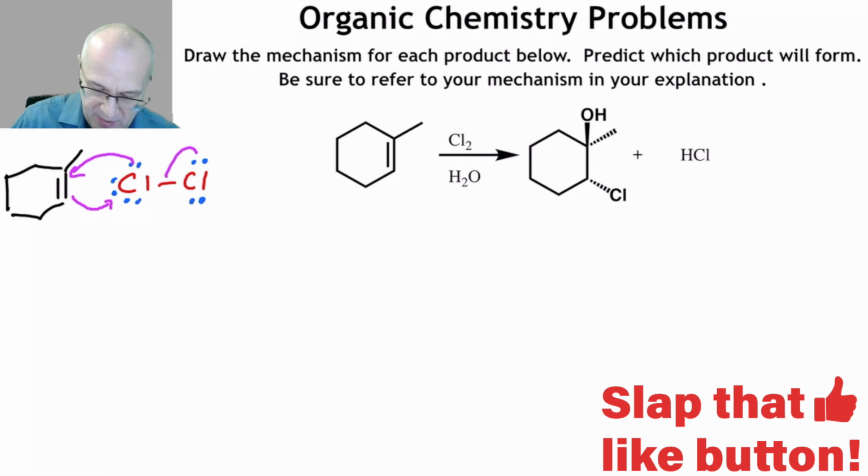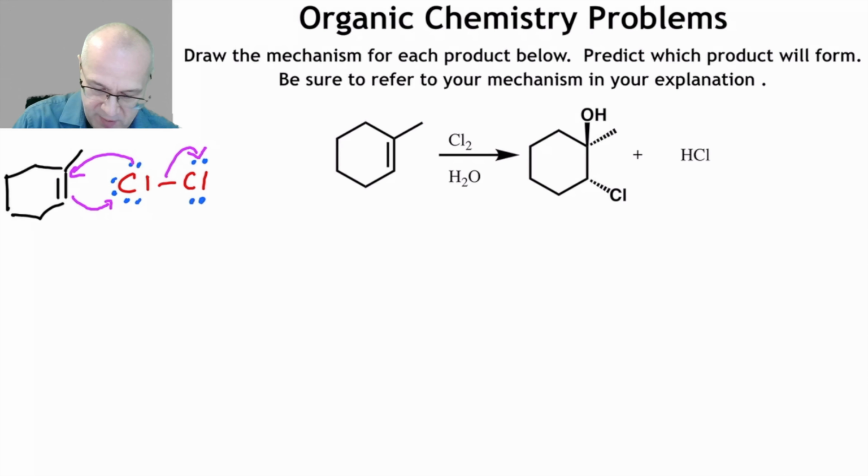It's kind of a weird mechanism, but this is what happens. We have a bond forming step right here to attack the chlorine. We have a lone pair attacking the other side of the double bond because it's a bond forming step, and we have the electrons leaving. So it's a little bit weird. Maybe you haven't seen something like this before, but this is how a chlorination of a double bond works.